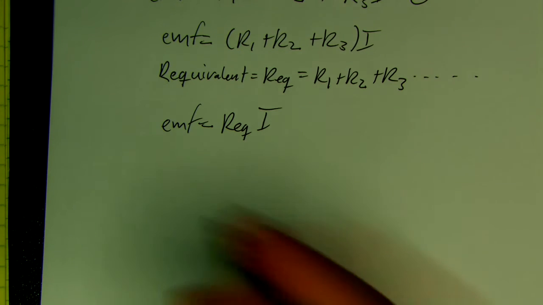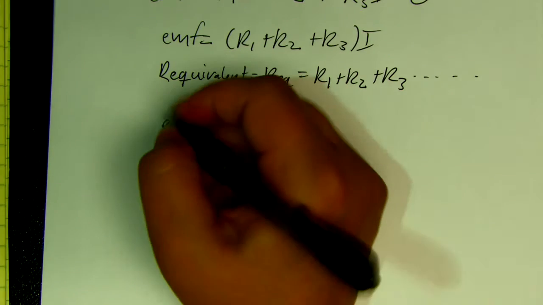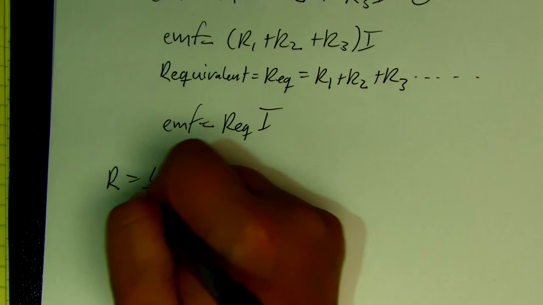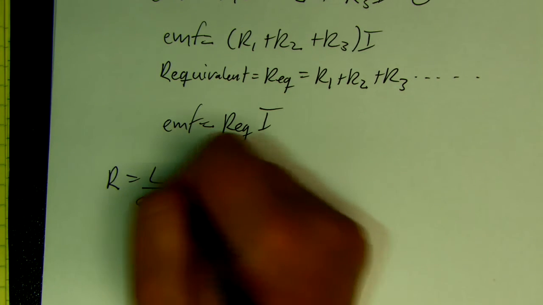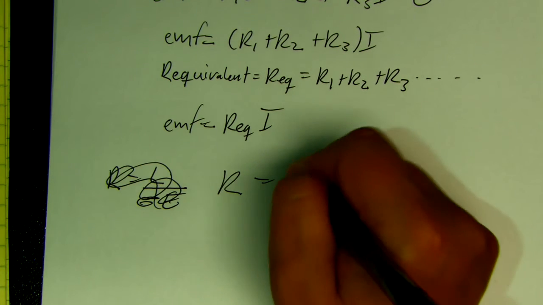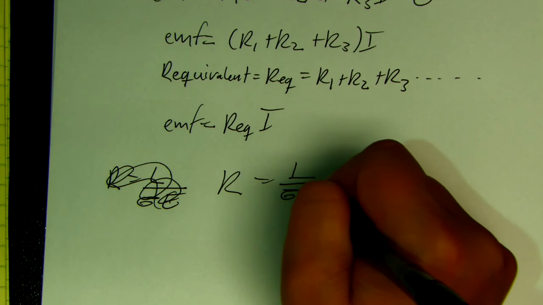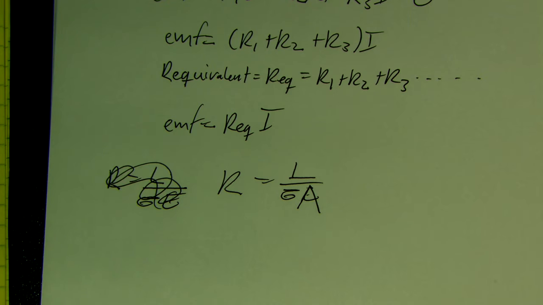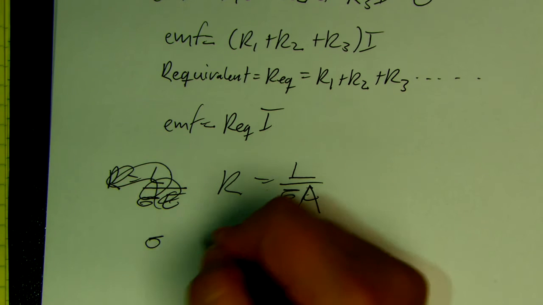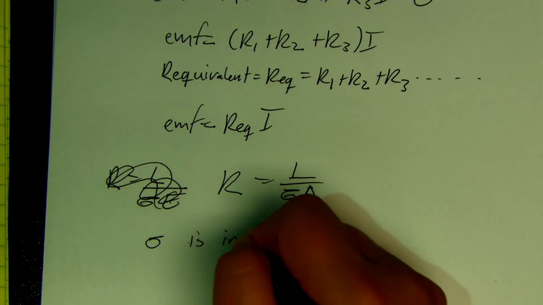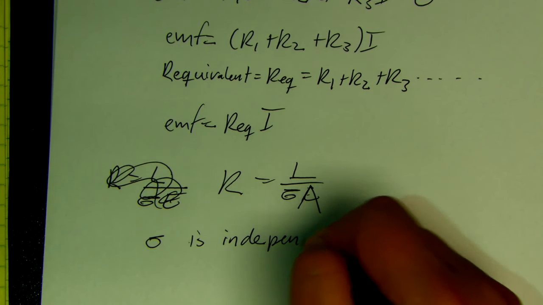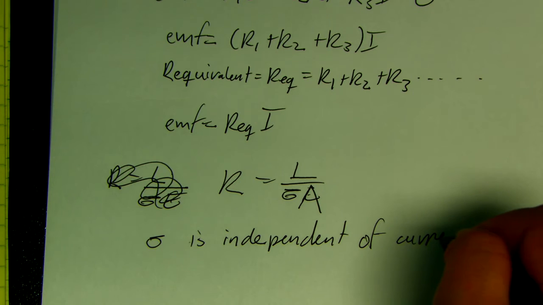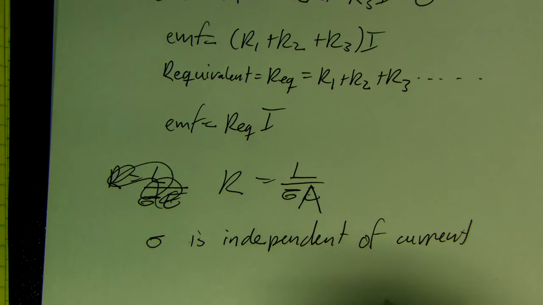All right, and this basically works because if we think back to what a resistor is, R is equal to L over sigma A. And conductivity is independent of current. It's just a property of the material. I mean, current can raise the temperature, and that might impact conductivity.